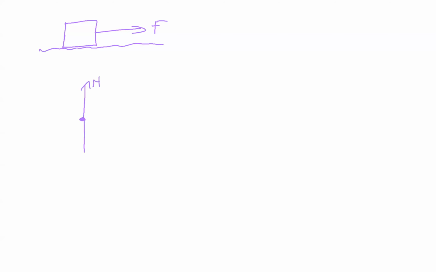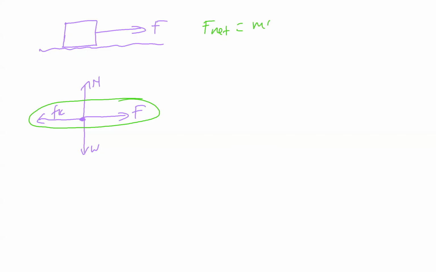Here's the normal force. Here's the weight. Here's the applied force. I'm assuming that the object is moving. So our Fnet here, we define along forces acting parallel to the surface. Then Fnet is equal to ma, then F applied minus Fk is equal to ma.